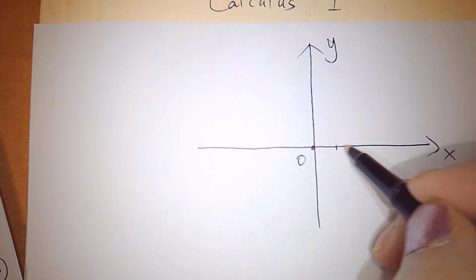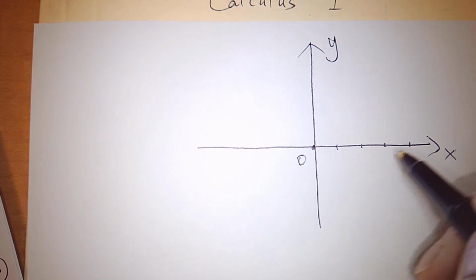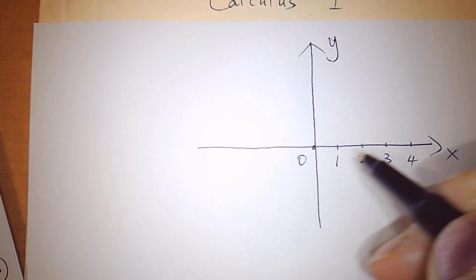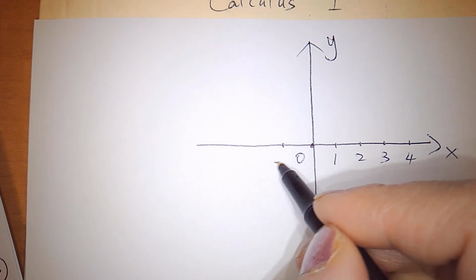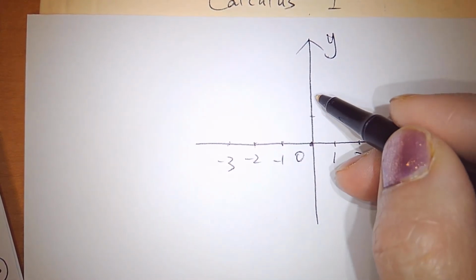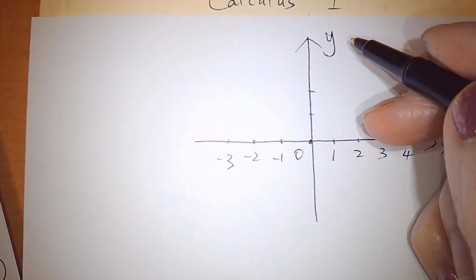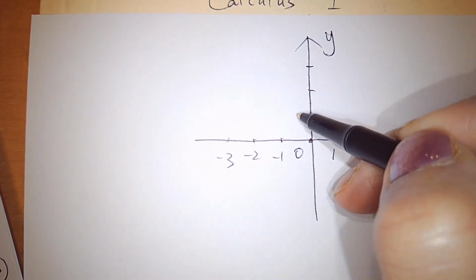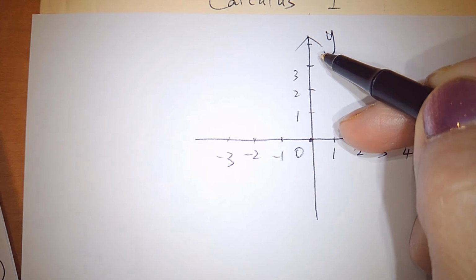Yeah, you can mark some numbers on the axis: 1, 2, 3, 4.